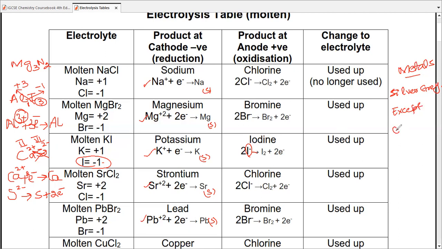Which two? The first one is gold, the second one is copper. So what's the color of gold? Golden. Pretty easy. Gold, golden color. What's the color of copper? Red brown. Red brown. All right, great.